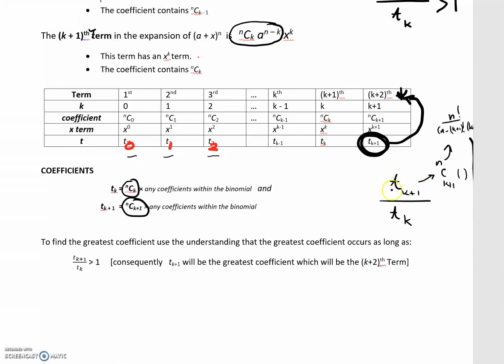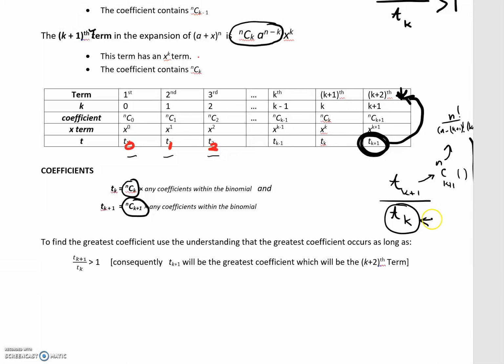So the top of this fraction contains a fraction. Likewise, the bottom part of our ratio of coefficients will also contain a fraction.